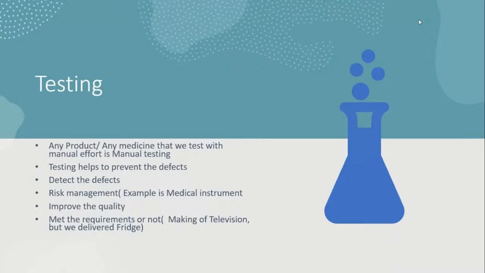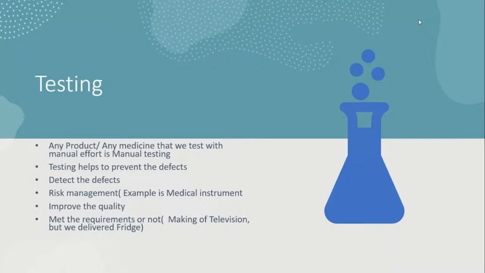So testing is very, very important before sending a product to the final user. It is any product or any medicine that we test with manual effort. Effort in the sense that we are going and testing that particular product. That is called manual testing. And testing will help us prevent defects.